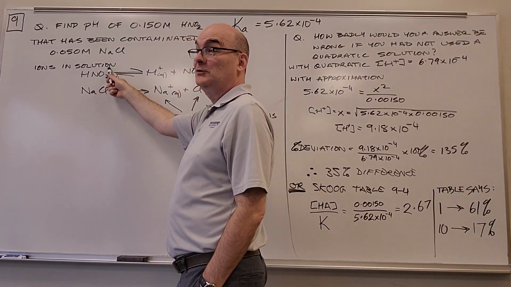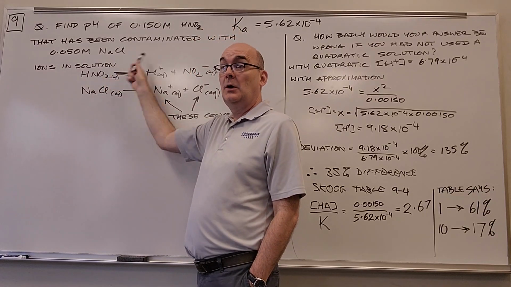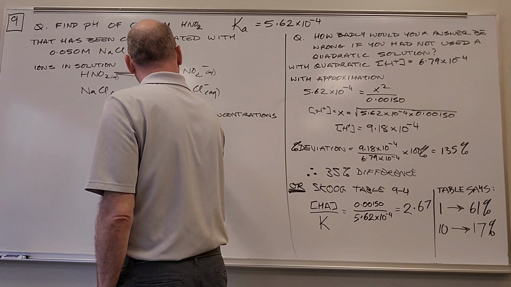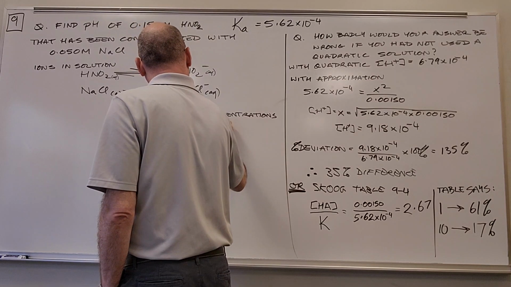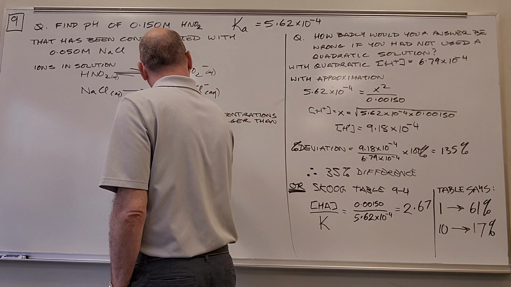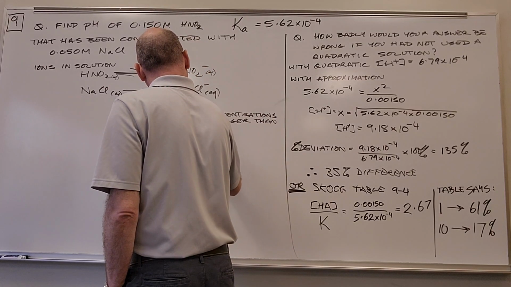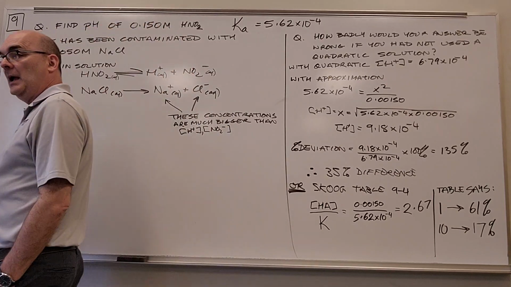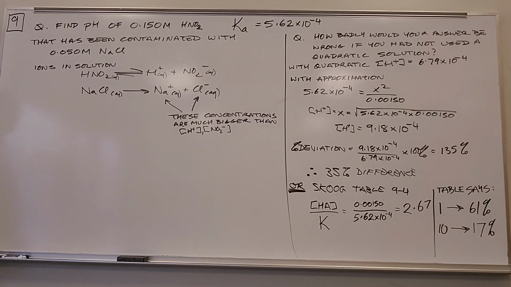Remember, these are not in solution intact. Only the ions are in solution. So these concentrations are much bigger than the concentration of H plus or NO2 minus. So the ions that are contributing to the ionic strength are these two, not those. Okay? So first of all, go ahead and find the ionic strength.